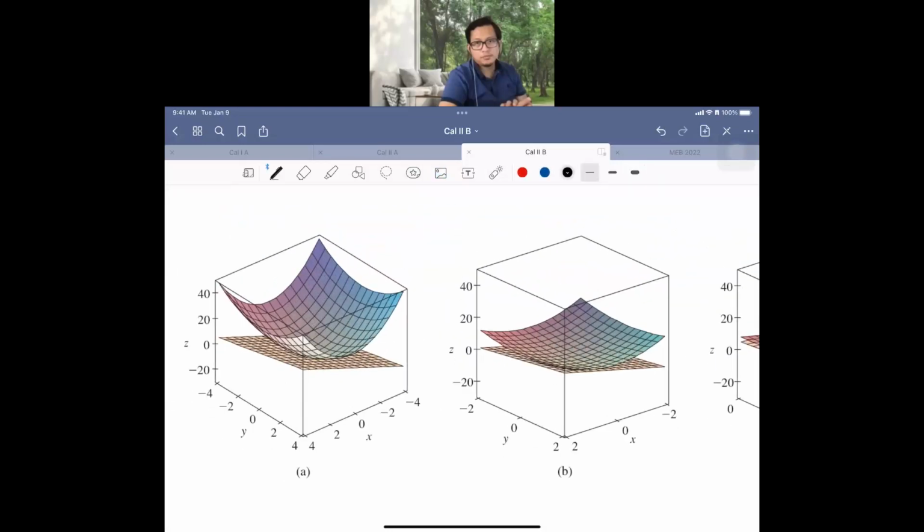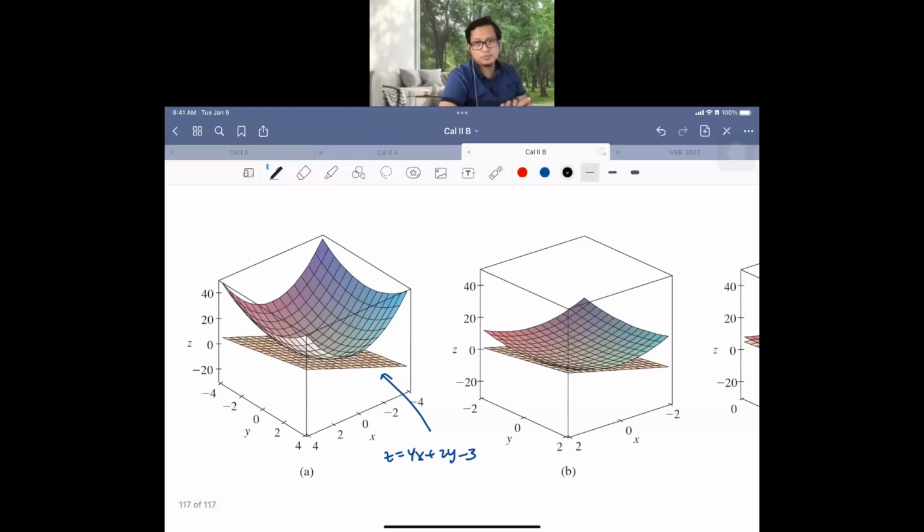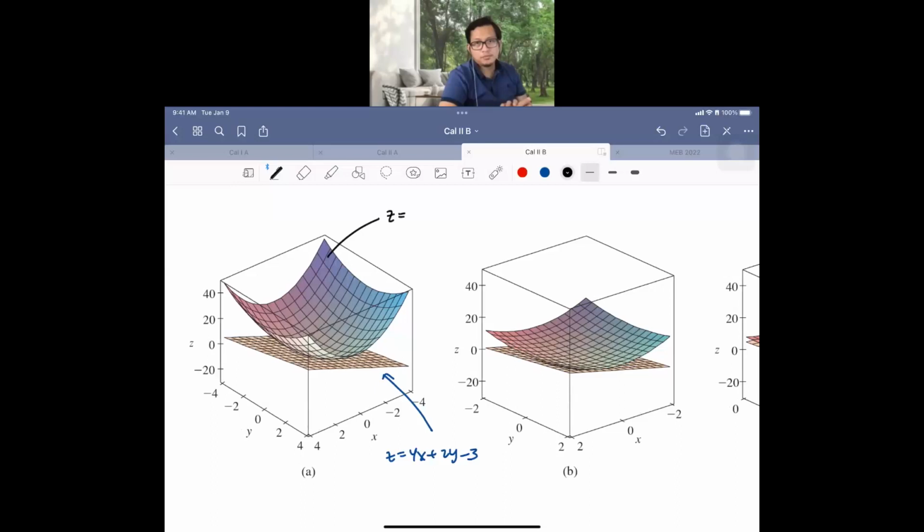This plane here is our z. We go for 4x plus 2y minus 3. Okay, so this is the paraboloid, z equals 2x squared plus y squared.